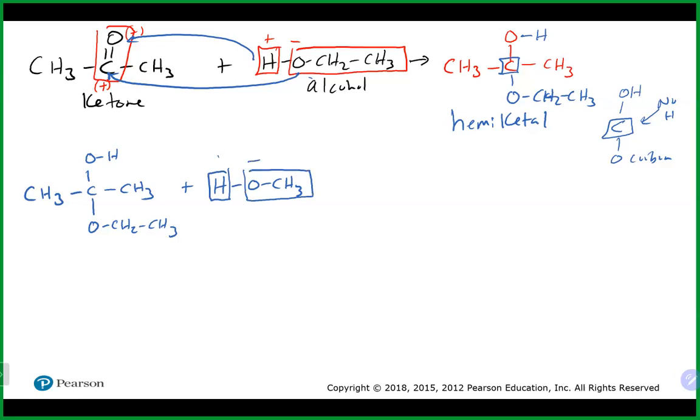And again, that's going to be negative, positive. So our water, once again, will remove that and the hydrogen there from our alcohol. And we will get our water that is formed. The hemiketal here will pretty much stay intact, except that it loses the OH. So everything else stays the same. Nothing changes.